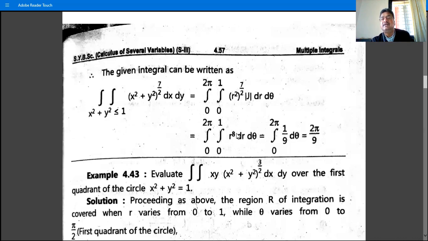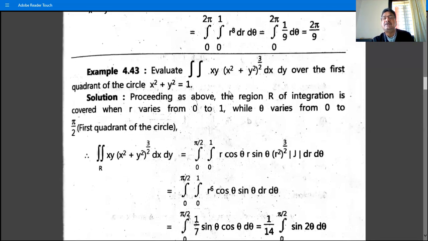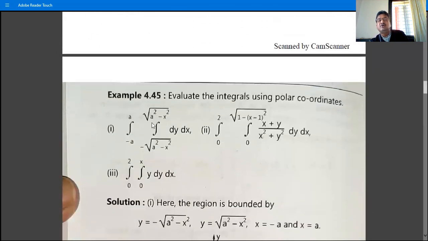So we solve this. The integration with respect to r is r raised to 9 by 9. Then the value at the upper limit is 1 by 9, and the integration with respect to theta gives 1 by 9 times theta from 0 to 2 pi, that is 2 pi by 9 is the answer. So if there is an x square plus y square type factor, then use polar coordinates. These are the problems of that type.